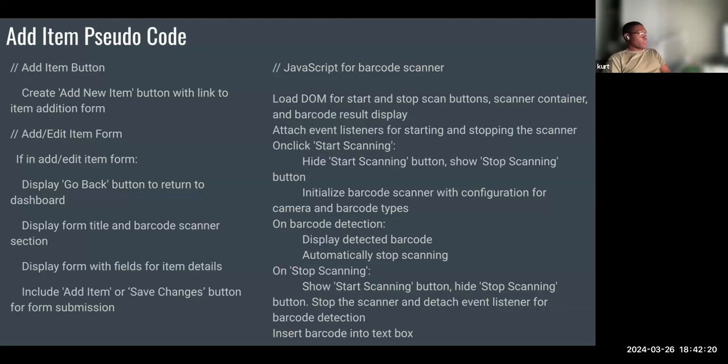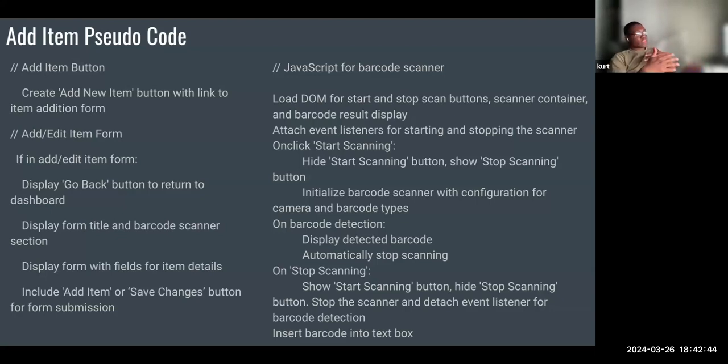Once you're scanning, it'll initialize the barcode scanner. And so pretty much the container will have like a camera view. So you'll have to hold up the barcode to the camera.